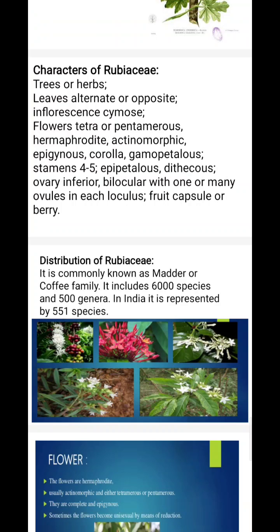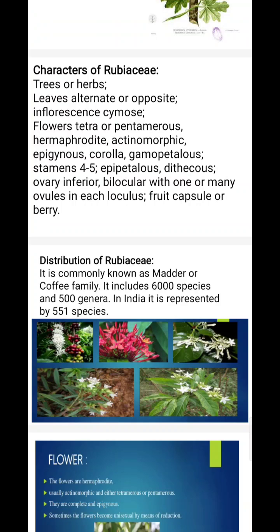Then it is epigynous, that means the ovary is covered by the receptacle, that is epigynous. And the corolla is gamopetalous, means the petals are fused. The stamens number 4 to 5, and they are epipetalous and dithecous.